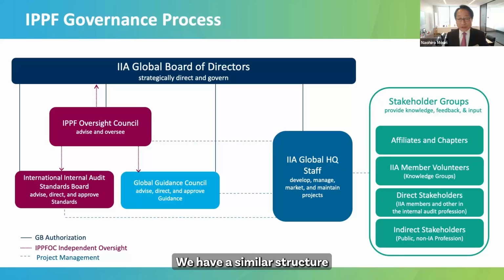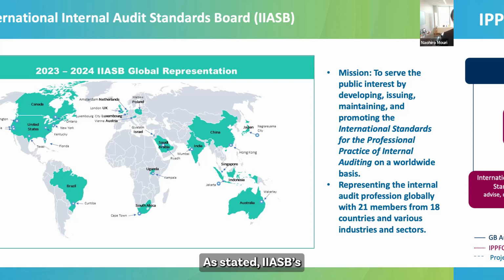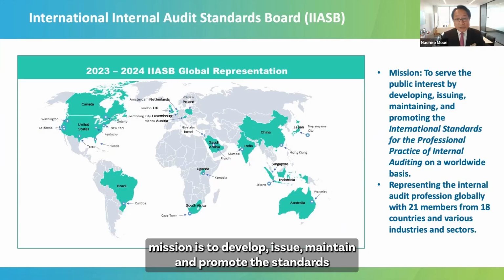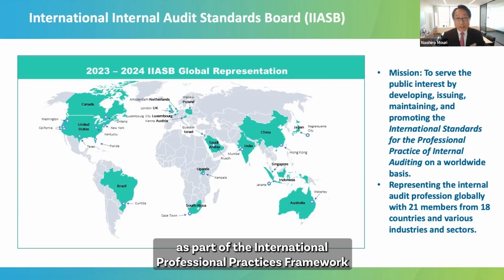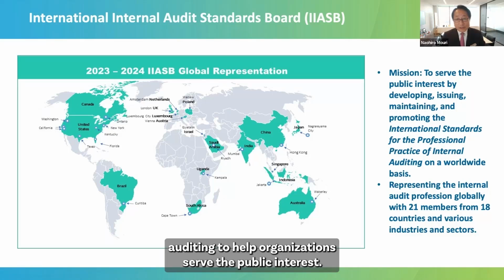We have a similar structure for the Global Guidance Council. As stated, IIASB's mission is to develop, issue, maintain, and promote the standards as part of the International Professional Practices Framework, known as IPPF, for internal auditing to help organizations serve the public interest.